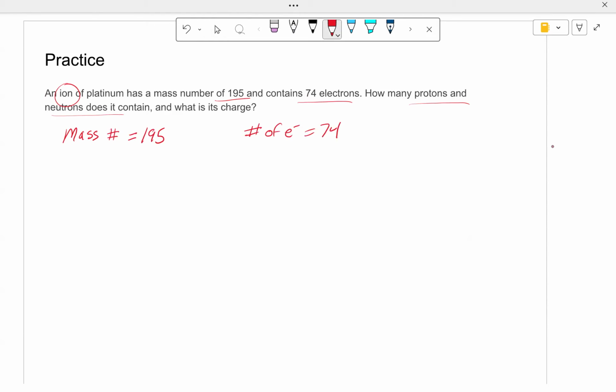Now, in order to know how many protons it has, all we have to do is look at the periodic table. That is the same as the atomic number. Look up platinum. Its symbol is Pt, and you'll see that the atomic number is 78, which is the number of protons. So that's one of our answers there.